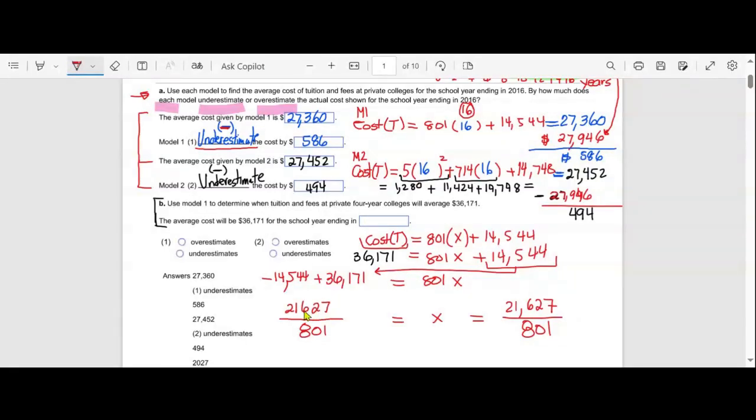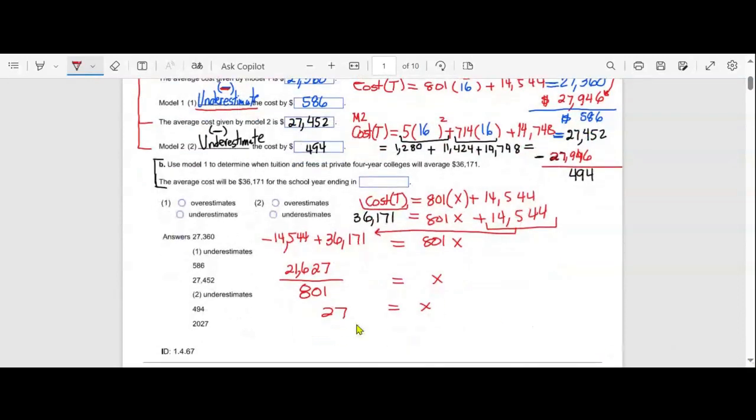21,627. Good. Now Muhammad al-Hamra is correct. Please now divide by 801 and tell me the answer. 27. So if X is 27, that means what year? Exactly.